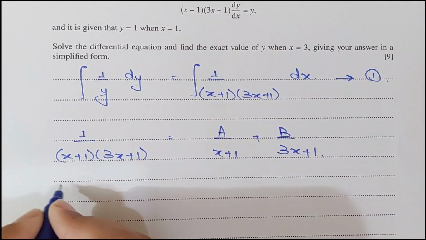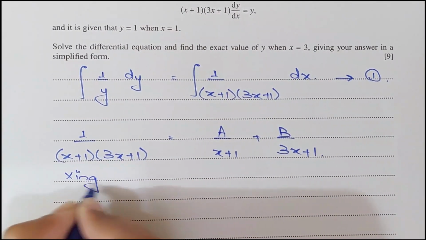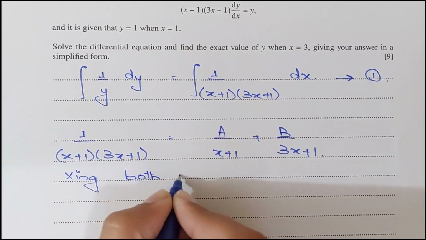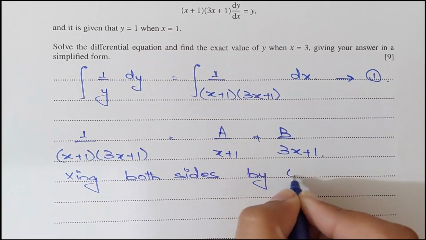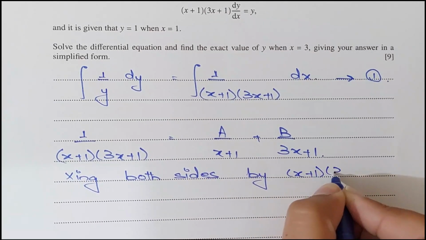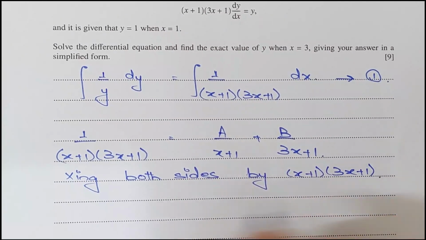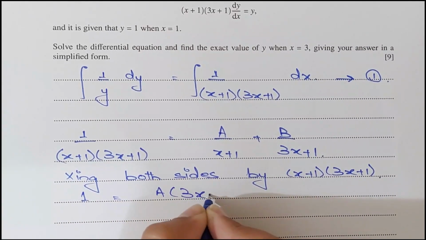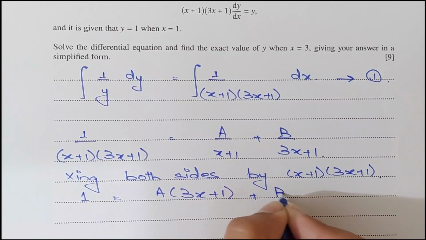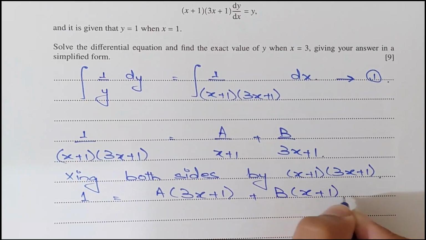Okay, so multiplying both sides by x plus 1 and 3x plus 1, here we are left with 1 equals a times (3x plus 1) plus b times (x plus 1), right?